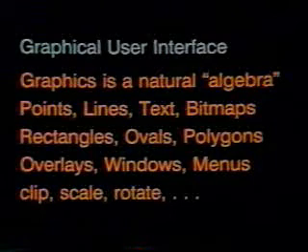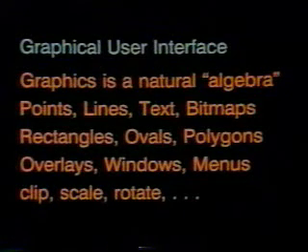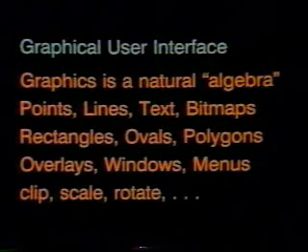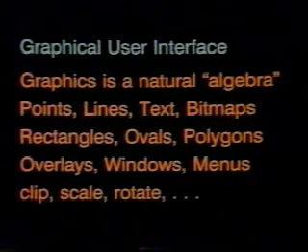Now, people ask, is object-oriented programming just good for graphics? The answer is no. It turns out that graphics is a great application for object-oriented programming. And the reason is that graphics consists of a whole family, kind of an algebra, of similarly behaving objects. For instance, there are atomic objects or primitive ones like points and lines, text and bitmaps. And then there are higher level objects like rectangles or ovals or polygons that are made up of smaller objects.